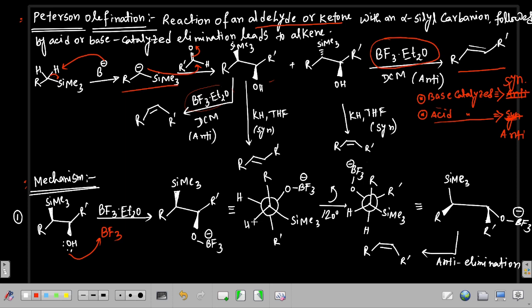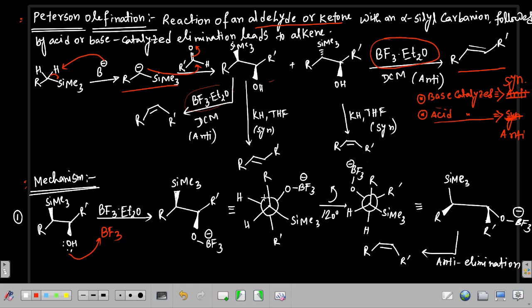Now you see this OBF3 and SiMe3 are syn to each other, but under acid catalyzed reaction both should be anti, but in this case it's syn.